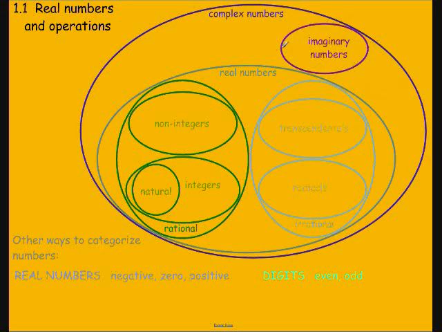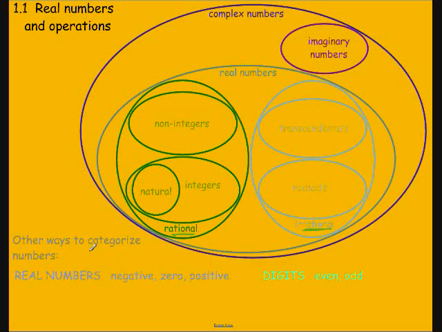Actually, we'll study this in the second semester. And we have this, which you've been looking at for years now, real numbers. Real numbers include the rational and the irrational. And we just were talking about how you can tell the difference between them.